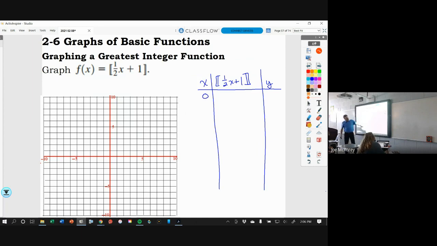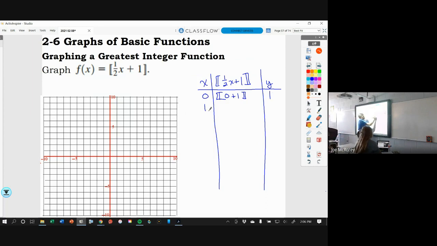If I plug 0 into this, I get the greatest integer of half of 0, which is 0, plus 1. And the greatest integer of 1 is 1.